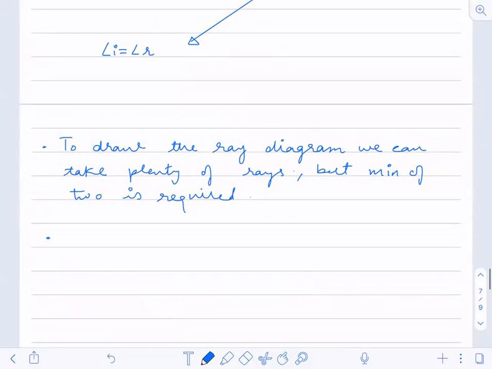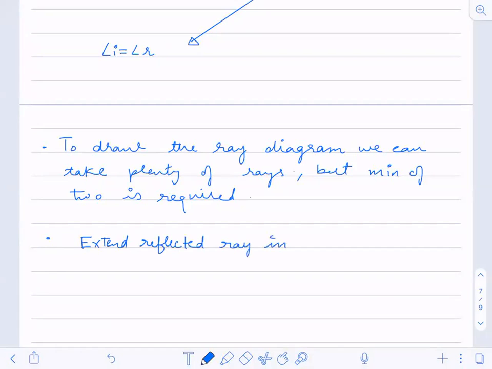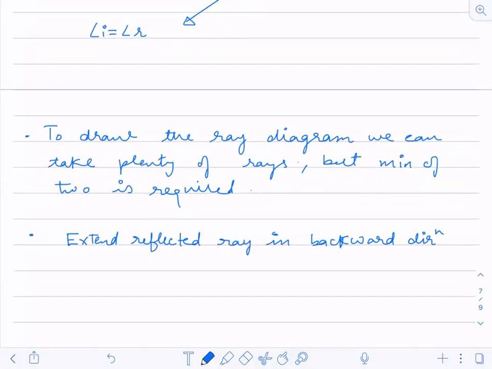What you have to do now is extend the reflected ray in backward direction. We are supposed to extend the reflected ray in backward direction.